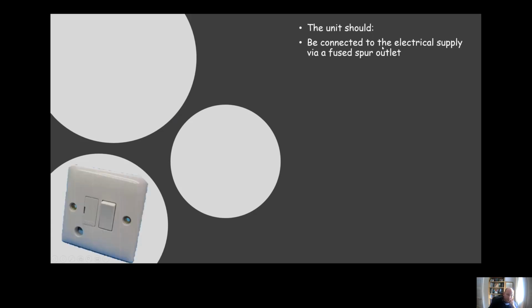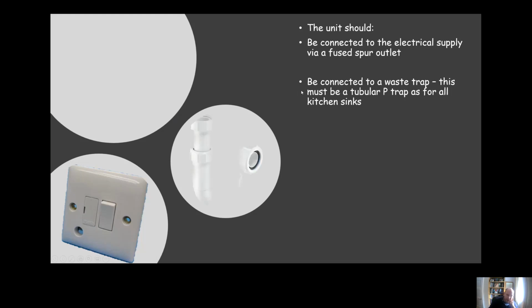So you have to make sure that the unit's connected via a fuse switch spur, and you'd isolate that at the fuse switch spur and remove the fuse if you ever wanted to maintain the appliance. You'd be connected with a P-trap. The reason for that is bottle traps are subject to blockage. They block up quite quickly and quite easily.